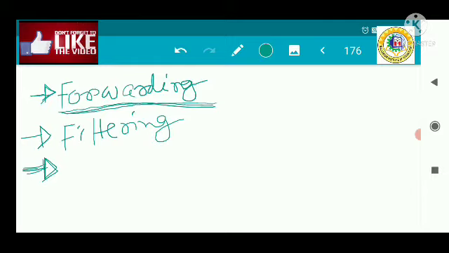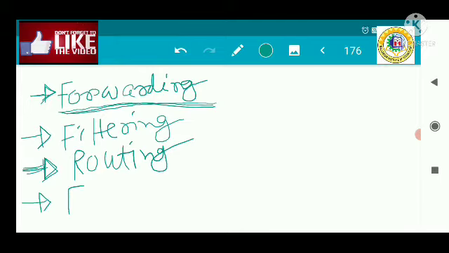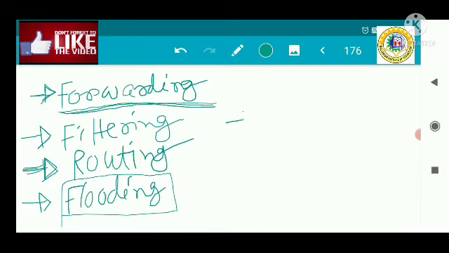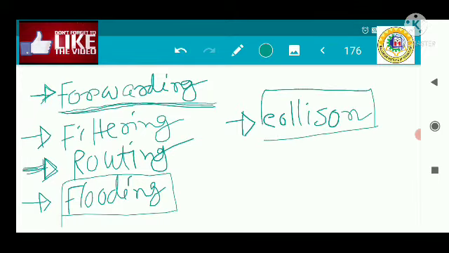Next is routing. That function is obviously performed by the router. Next is flooding. That means whatever message comes in, it just flashes the message to all its ports. And next is collision. So these are the different functions that have to be performed by these networking devices.